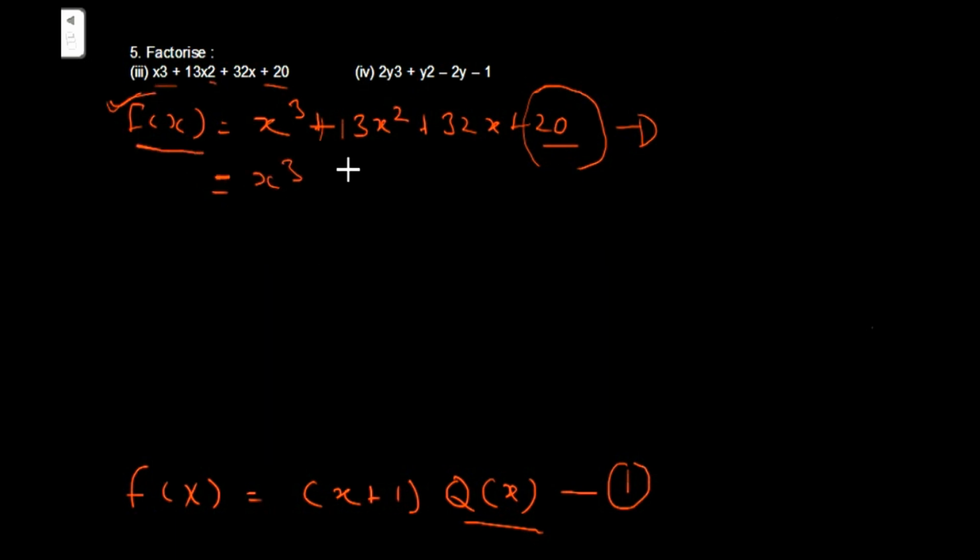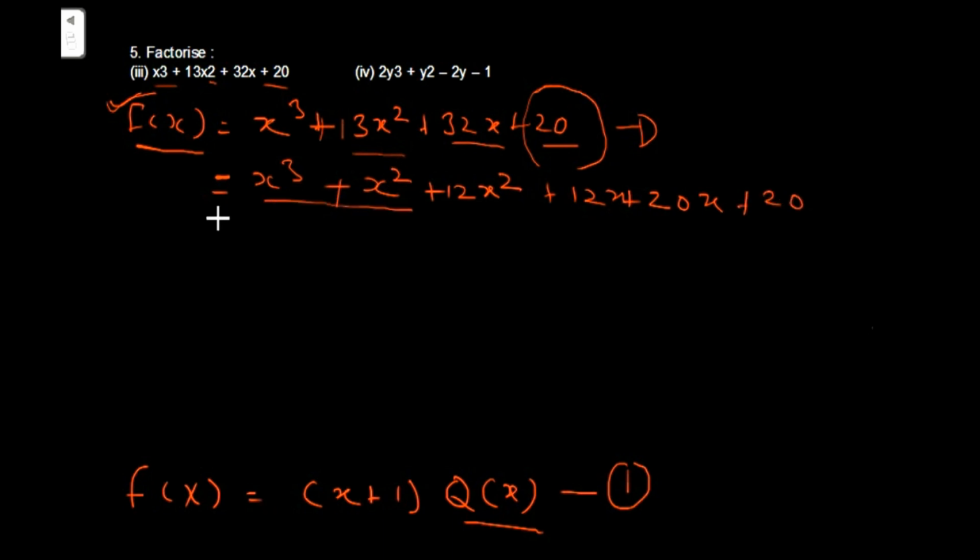This f(x) can be rearranged as x cube plus, to get x plus 1 common, I will write 13x square as x square and I will be left with 12x square. Similarly, I will break this 32x into 12x plus 20x, plus 20. So now, from the first two terms, I can take x square as common, and into the bracket I will have x plus 1.